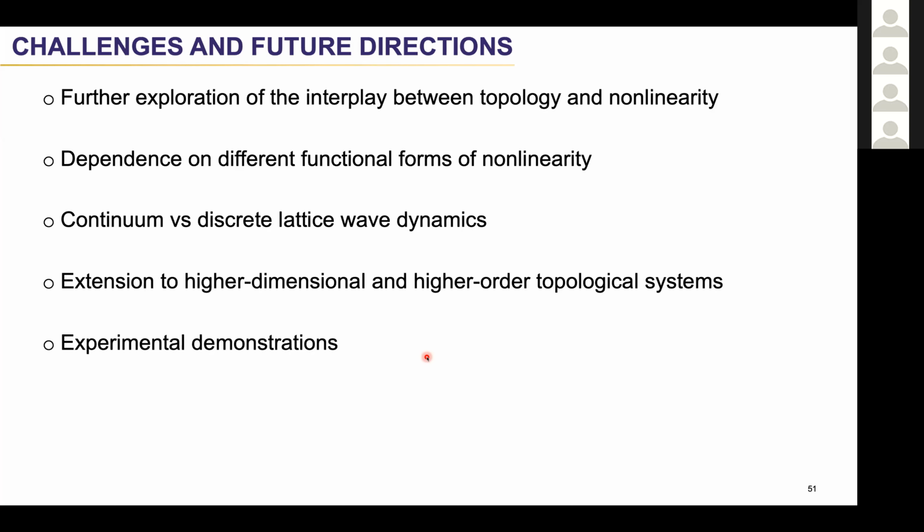Of course, we can extend these ideas to higher dimensions and higher order topological systems, as I talked about in linear systems. And experimental demonstrations are very rare in nonlinear topological mechanics. That's a challenge, and it's an ongoing effort which we have been involved in.